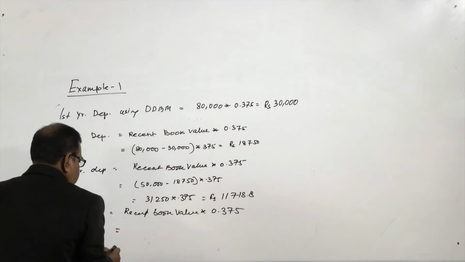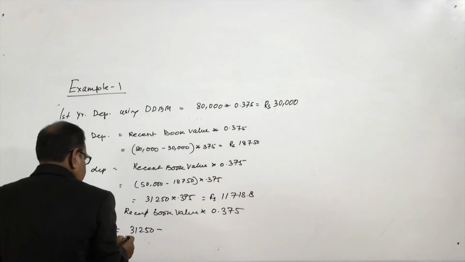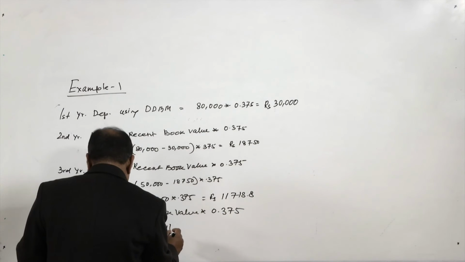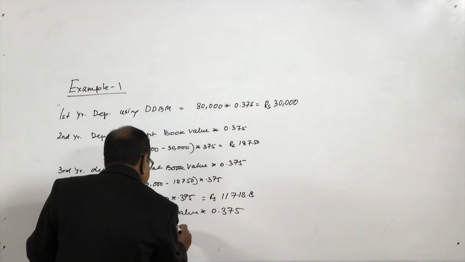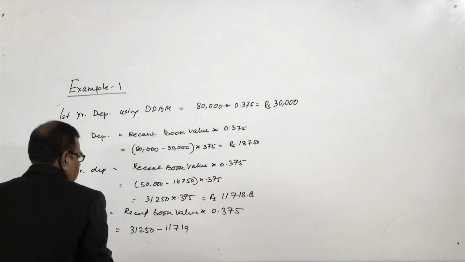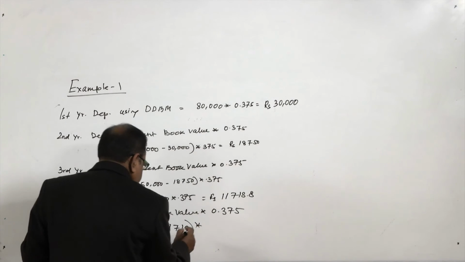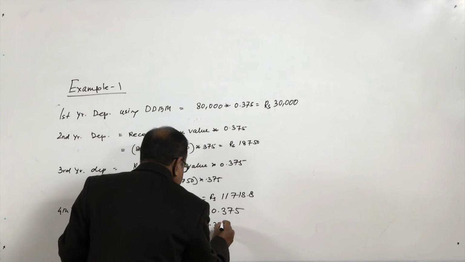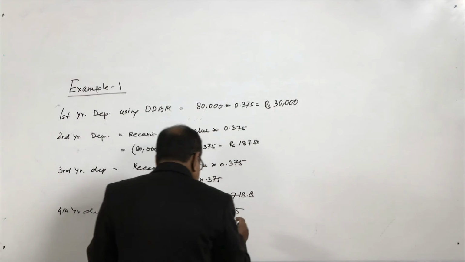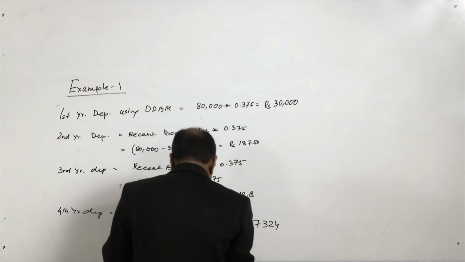So, this is equal to 31,250 minus 11,719, let us make it 11,719, into 0.375. This comes out to be rupees 7,324.